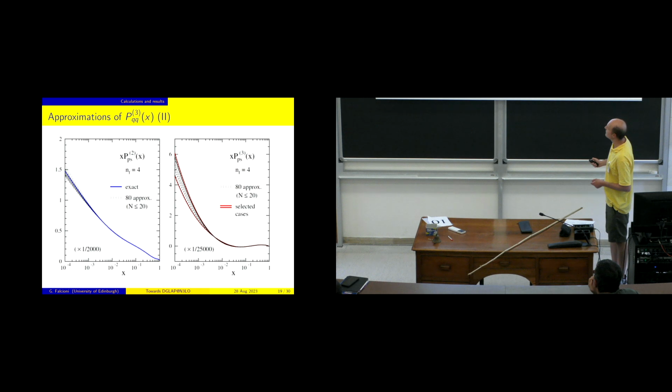So the first thing that you want to do is to make sure that you can reproduce the three-loop, so next-to-next-to-leading order result with these approximations, and indeed you can. And then you can go on and produce here 80 curves, and choose two extremal ones as a confidence interval. As you see, for large x, you have quite small errors, and they will always grow at low x.